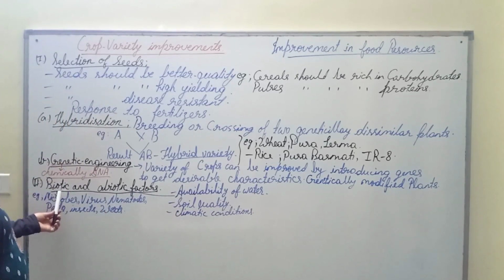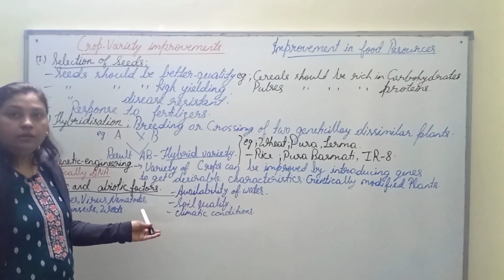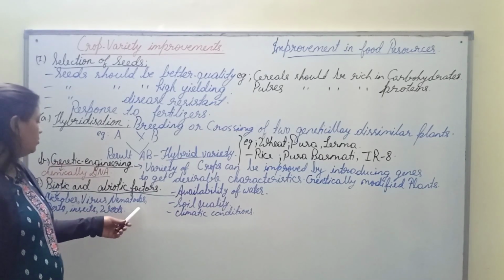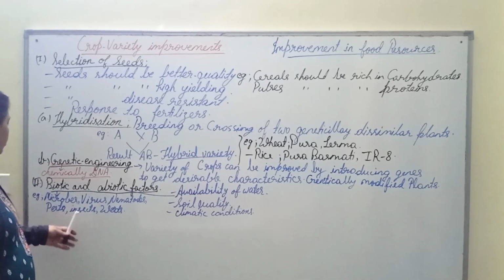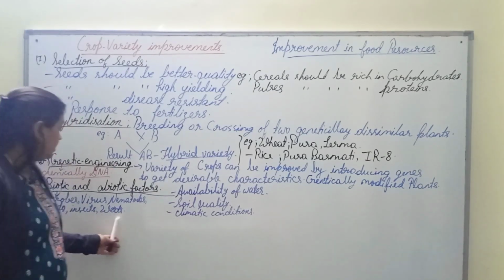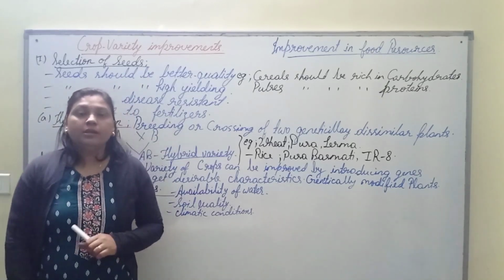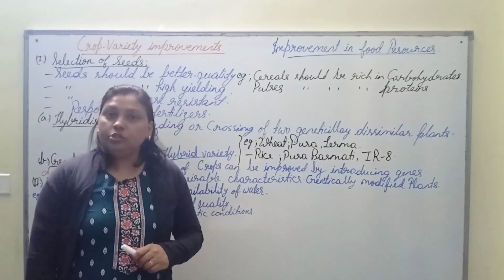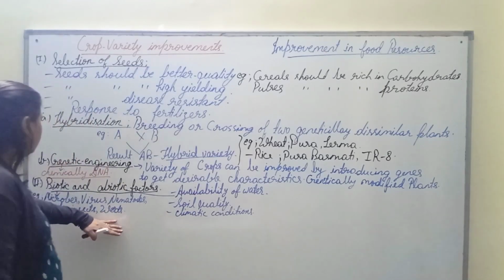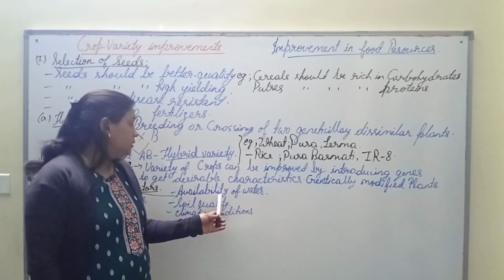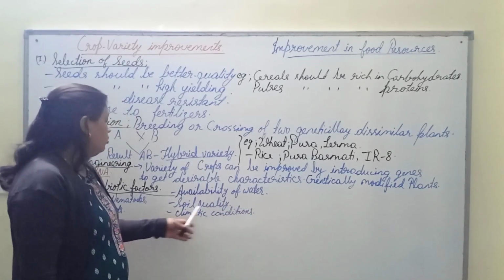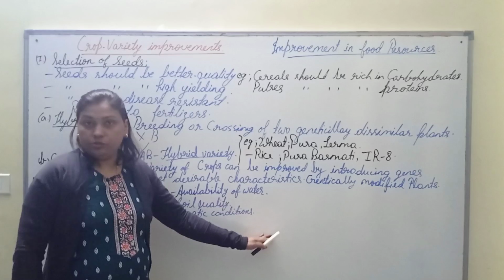Biotic factors are living organisms that harm the crops, like microbes, bacteria, fungi, viruses, and nematodes that cause diseases in crops. Pests destroy crops, insects also destroy crops, and weeds, that are unwanted plants, grow by themselves and share the crop nutrients, also harming the crops in different ways. And the abiotic factors include the availability of water, soil quality and different climatic conditions.